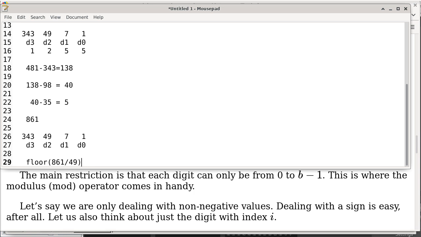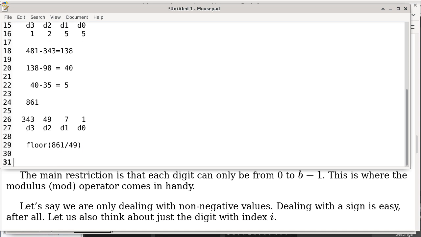Okay, a floor function. Let me define that because we'll need to use that in this class later on anyway. So the floor of x is basically the largest integer that is less than or equal to x. That's how it is defined.